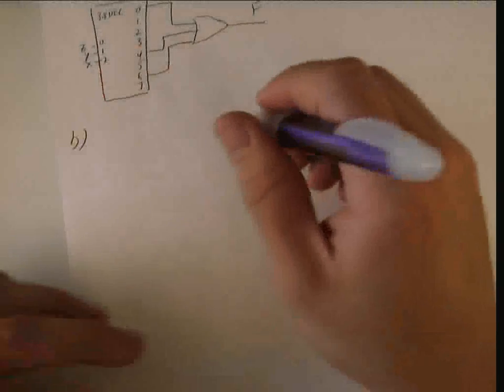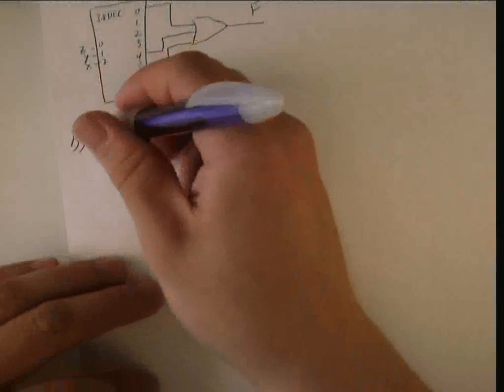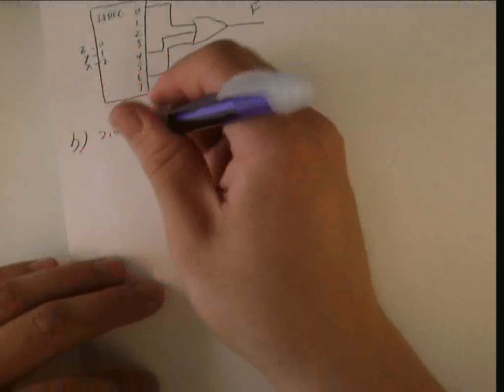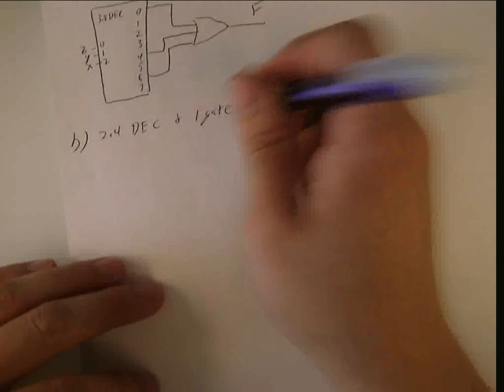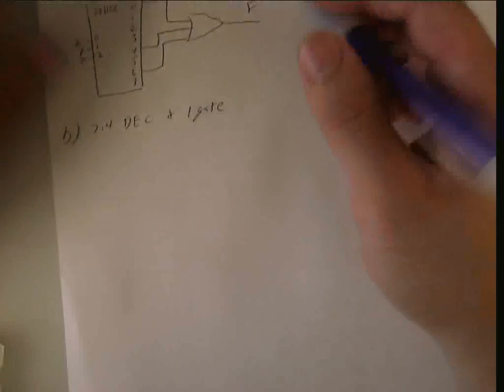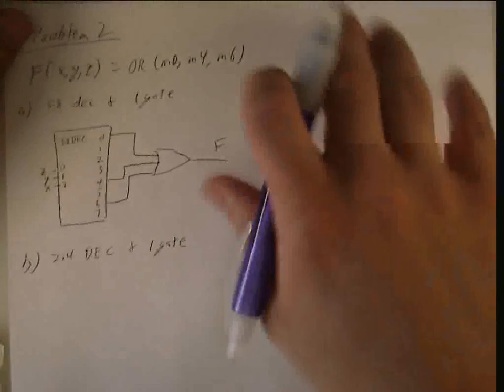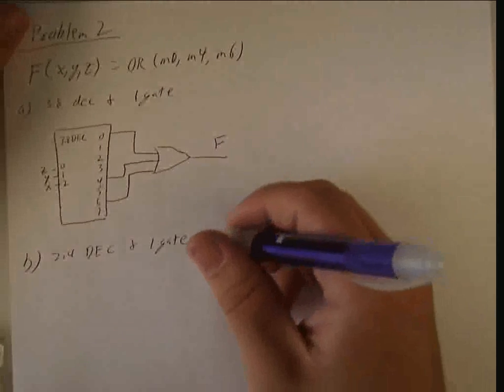That was easy. B. Now I need to do it with a 2 to 4 decoder and a gate. Now this one's a little intimidating. I don't think I can do this one just off the top of my head. So what I'm going to first do is write out my minterms.